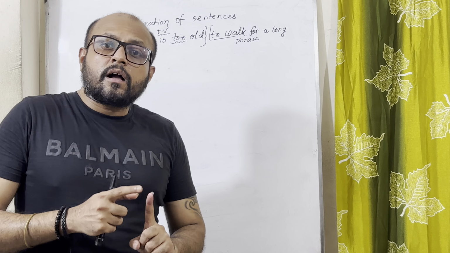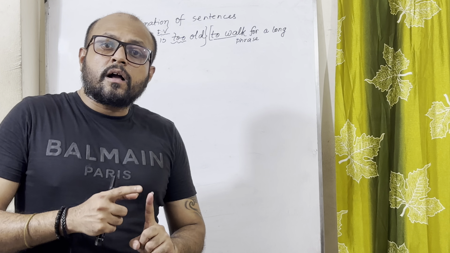And after that, from this part to the end of the sentence, here we can see to plus verb. This is known as infinitive. So we need to change this infinitive into a verb, because infinitives are non-finite verbs.